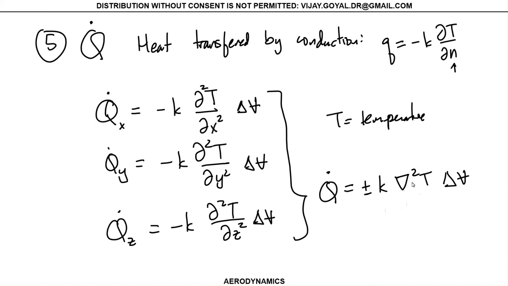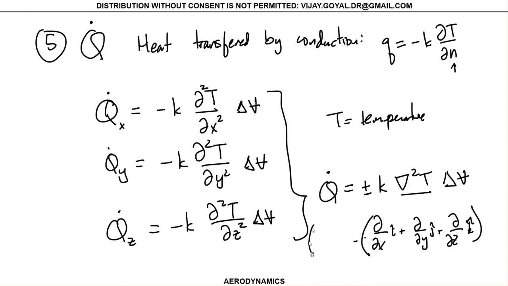When you say this is the gradient squared, this is not delta squared. You're basically saying this is partial of x i plus partial of y j plus partial of z k, and you're taking the dot product of this twice.